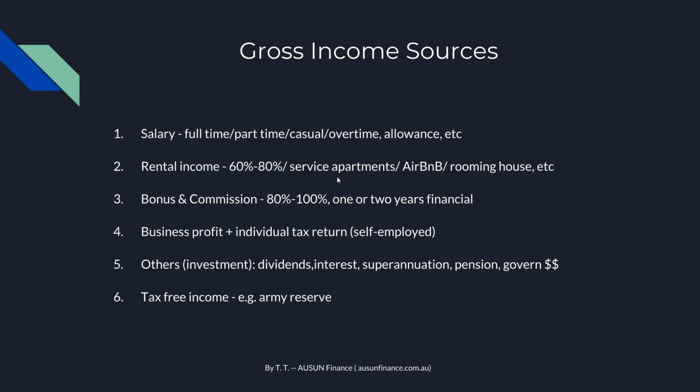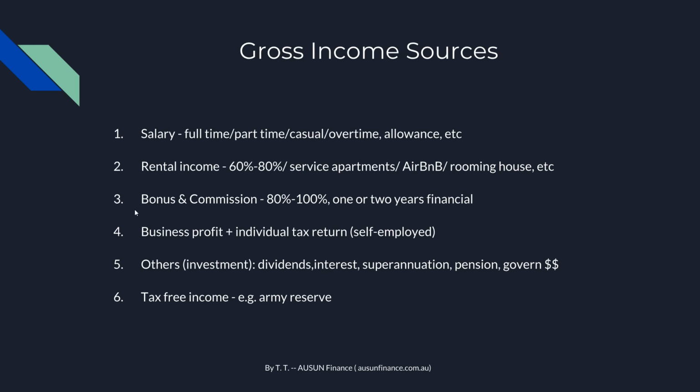Some banks take $0 for serviced apartments that you buy and then lease back to the hotel. Okay, or Airbnb, getting more popular nowadays. Rooming house if they're compliant. All right, all the banks treat this differently, so we do tailored research for our clients. You cannot step into the same river twice, so it is a very enjoyable process to do the research.